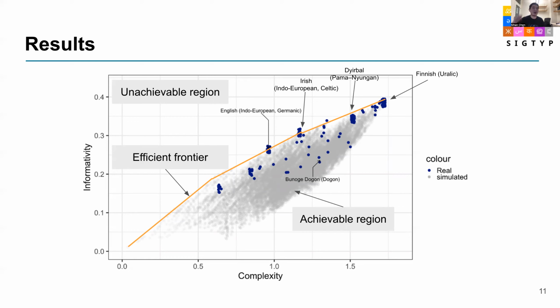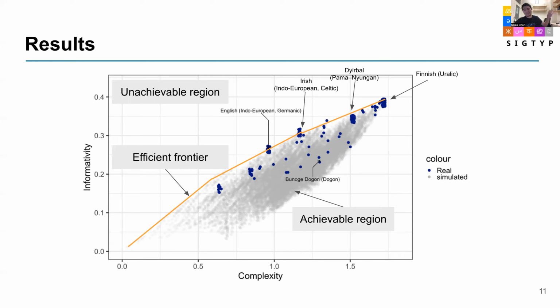And the gray dots are all other hypothetically possible systems. All of these points are bounded by the orange line, which is called the efficient frontier. This line marks the most informativity a system can possibly get, given a complexity. Hence, the region above the orange line is not theoretically achievable.